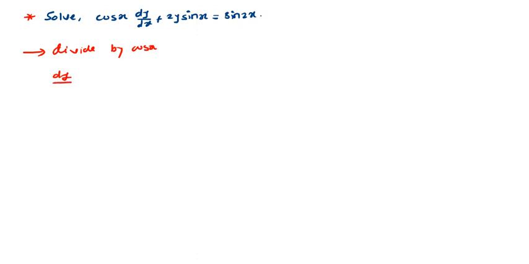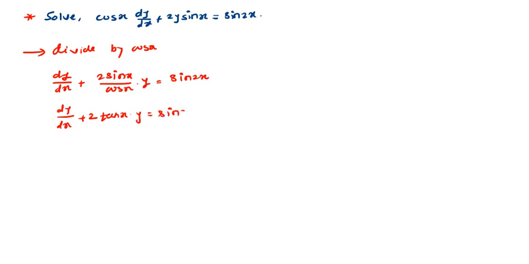We will get dy by dx plus 2 sin x upon cos x, into y, equal to sin 2x. Now I can write this again as dy by dx plus 2 tan x into y equal to sin 2x, since sin x by cos x is tan x.